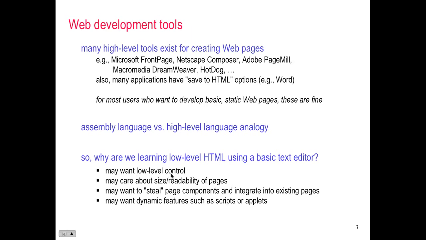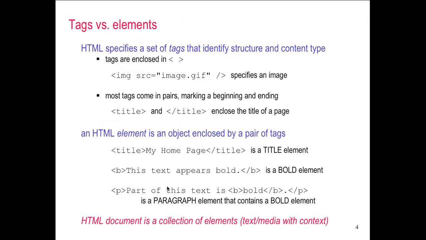If you use Dreamweaver or something like that, how do you know the low-level information? How do you know what to change or to fix something? You can't troubleshoot anything that way if you don't have the knowledge of it. Size, readability of the page. Those pages are huge. The pages that you're going to create are going to be really small. Nice, manageable. And you may want dynamic features such as scripts or applets or something to run in it.